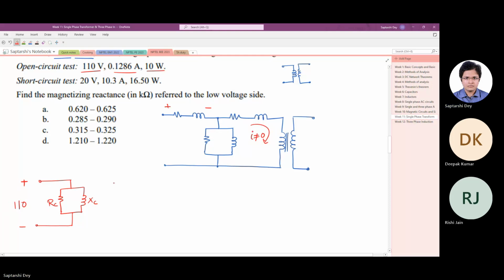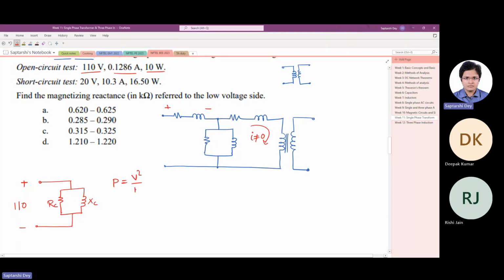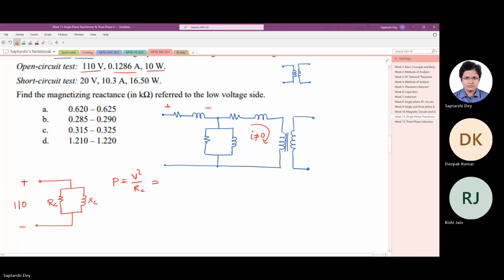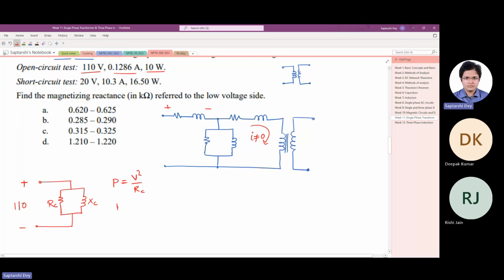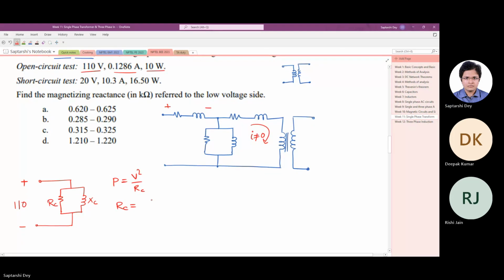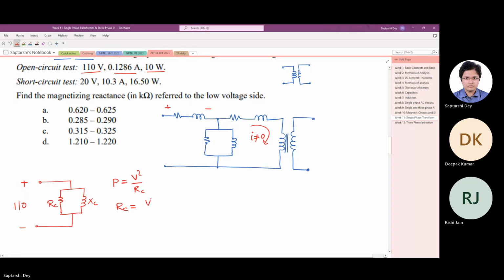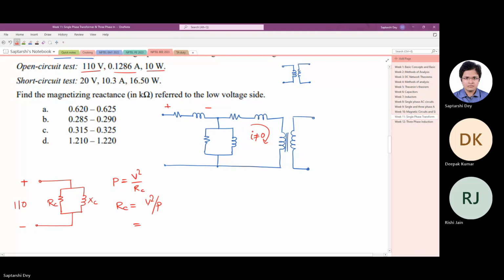So the whole power is definitely consumed by RC. So from here we can find out RC, which actually shows the core loss component. RC is V squared by P, which is 110 squared by 10 watt.